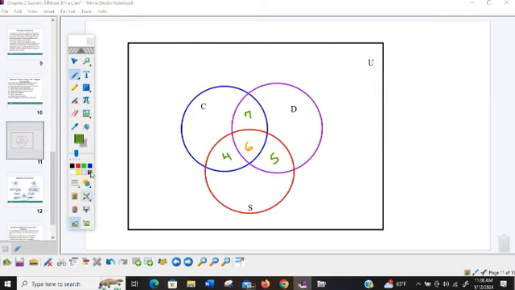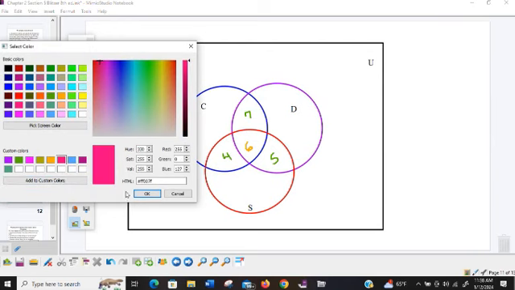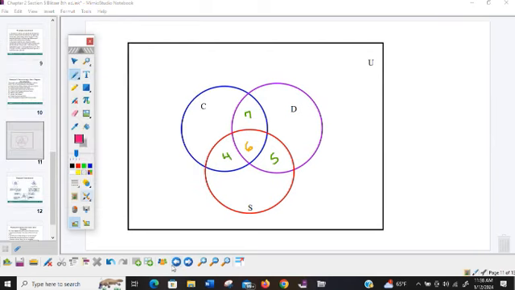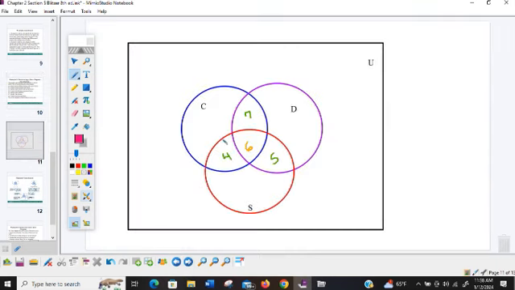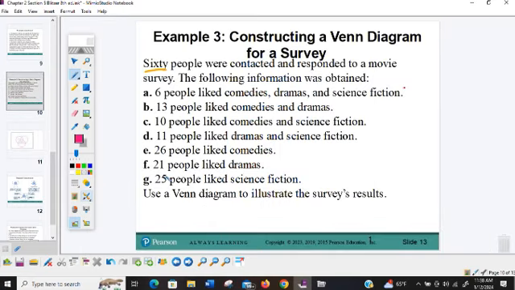Let's get a different color. Now we are ready to work our way out again. Now we're going to deal with the separate circles. This one says 26 people like comedies. So what I need is for the comedy circle to add to 26. So far I have 17. I'm going to need 9 more. Let's look at the next one. 21 people like dramas.